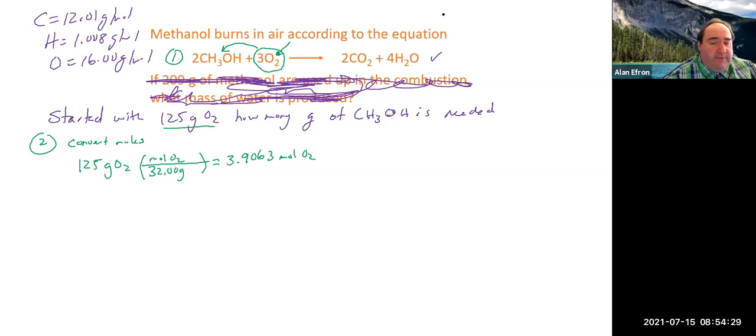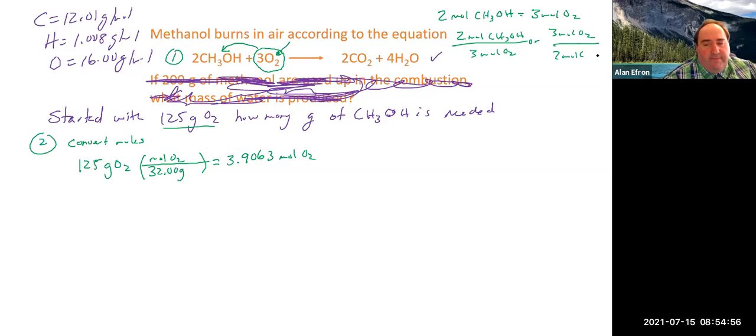From the equation, we see that for every 2 moles of methanol that we put in there, which is the coefficient, we get 3 moles of O2, which is also the coefficient. That gives us two options in terms of conversion factors: 2 moles of methanol over 3 moles of O2, or 3 moles of O2 over 2 moles of methanol.